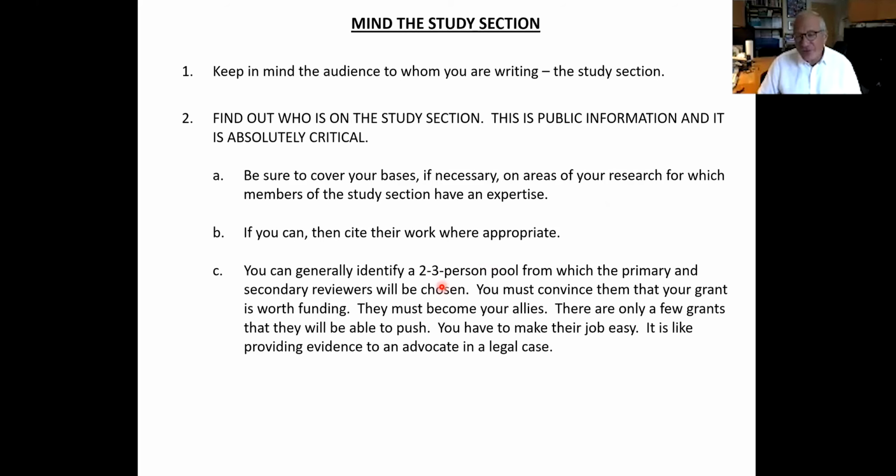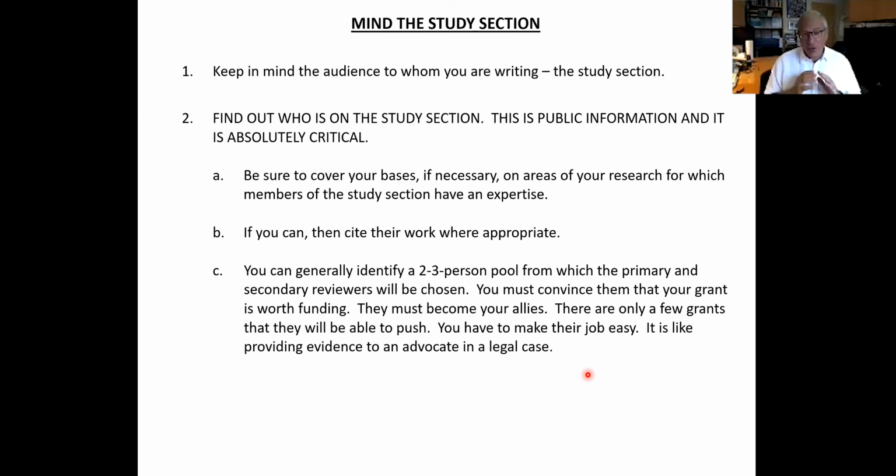And you can usually identify a 2 to 3 person pool from the panel that would likely be primary and/or secondary reviewers. And what you're writing to them, you need to convince them that your grant is worth funding, and they have to become your allies.